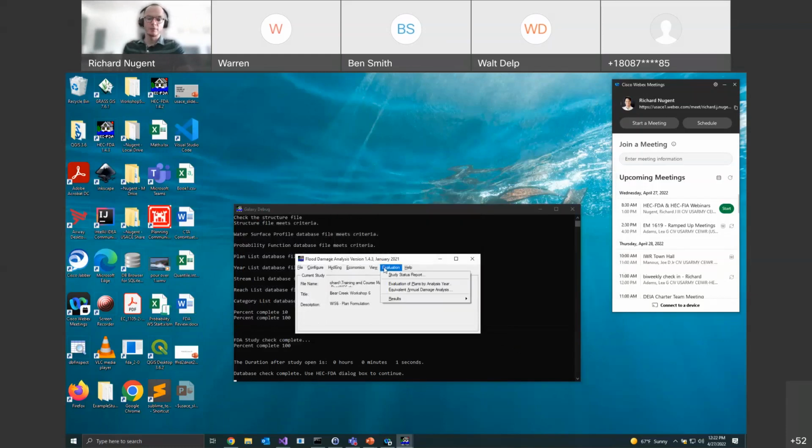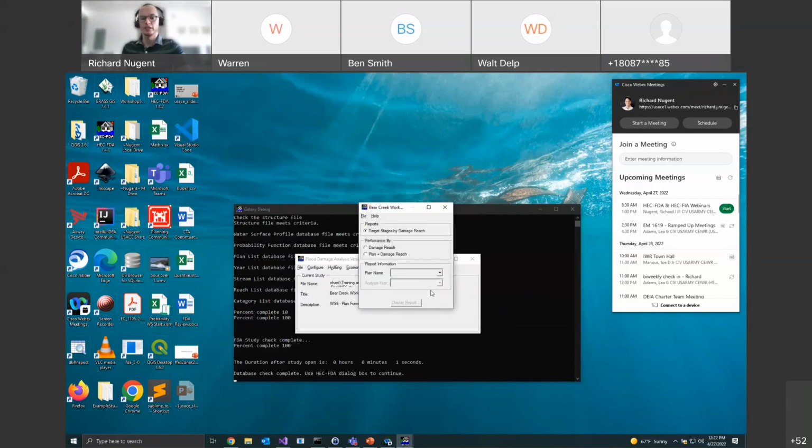Finally, when we have evaluated the plans by analysis year for expected annual damage, we also get project performance. For project performance, we can do target stages by damage reach, or we can get performance by damage reach, or by plan and damage reach. That'll be for one analysis year because this comes out of the expected annual damage compute, so it's specific to a particular analysis year.